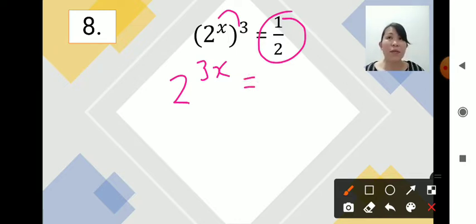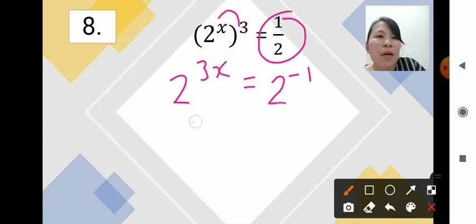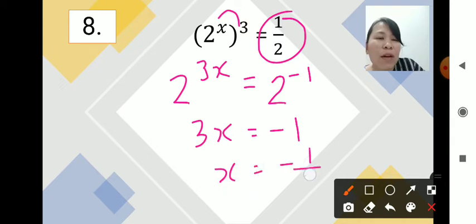Half, if we write them in the index form, you can write it this way. 2 to the power of negative 1. I need a lot of practice. When I get used to this, it will be really easy. Okay, 3x is equal to minus 1. So x will be equal to negative 1 over 3. Okay, any problem?